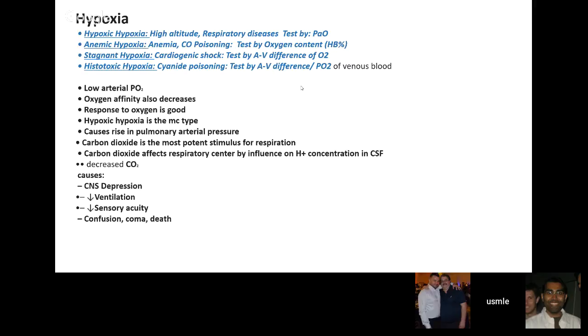The anemic hypoxia, when you have anemia, you cannot have much transportation of oxygen. You see this in severe types of anemia and severe types of hemoglobinuria. So you're going to have anemia, obviously, but also CO poisoning, because like I said earlier, CO is going to take the place of the oxygen. So here the testing that you're going to do, obviously you need to prove whether this patient is having anemia or not.